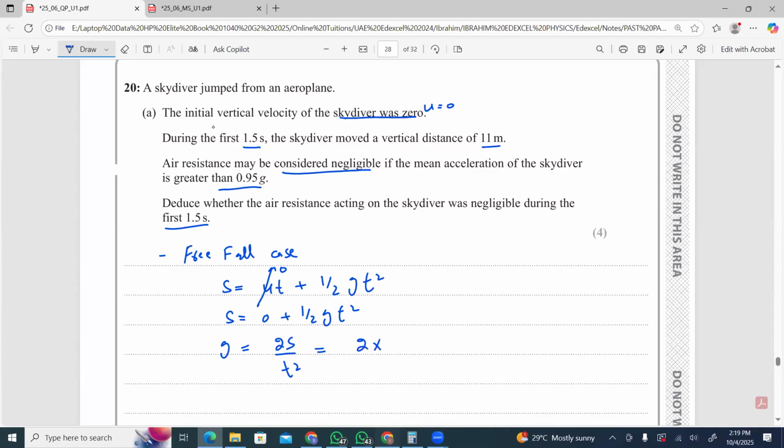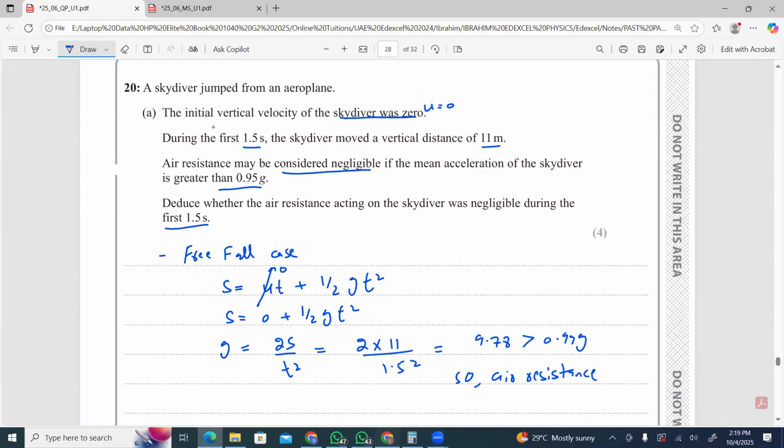So 2 into 11 divided by 1.5 squared, and it is giving you the value of 9.78, okay, which is actually greater than 0.95 g. So air resistance is negligible.